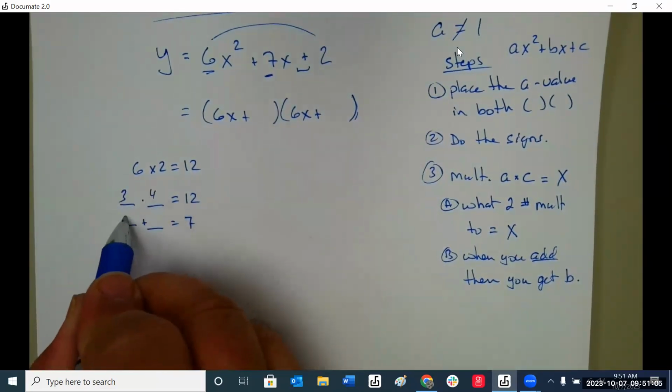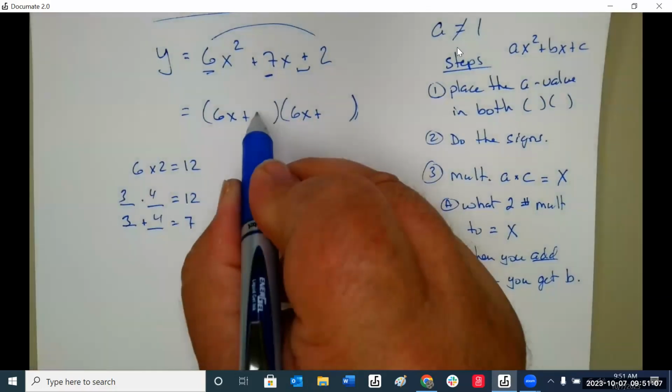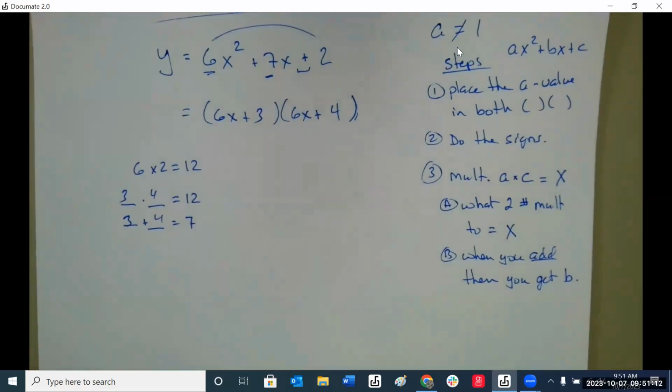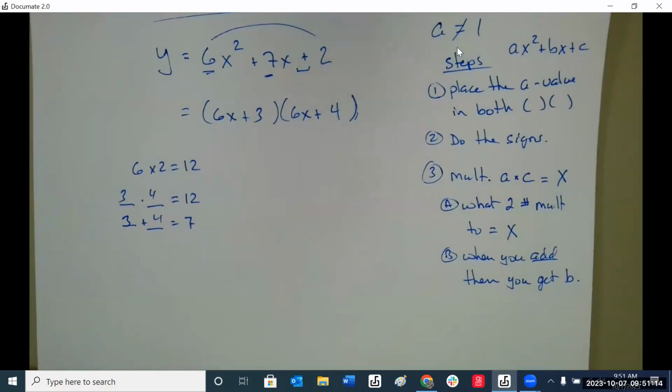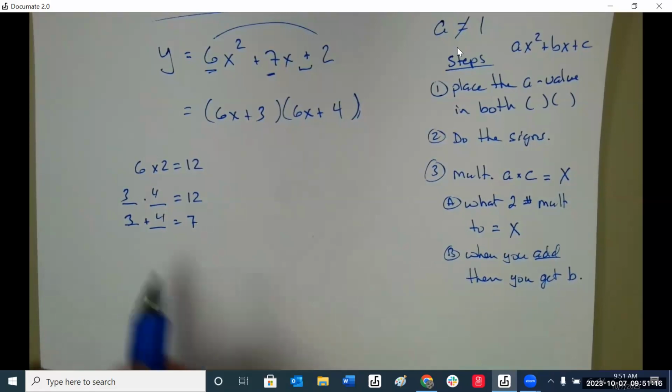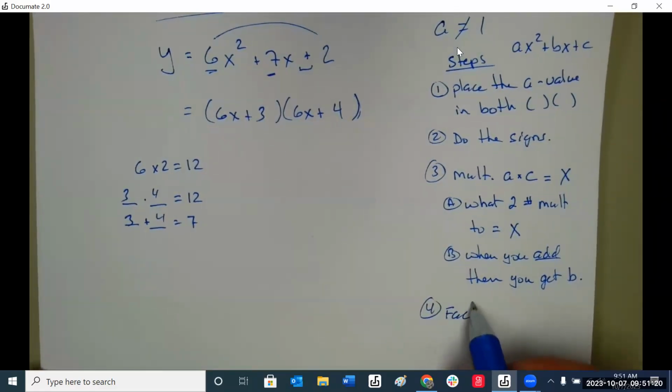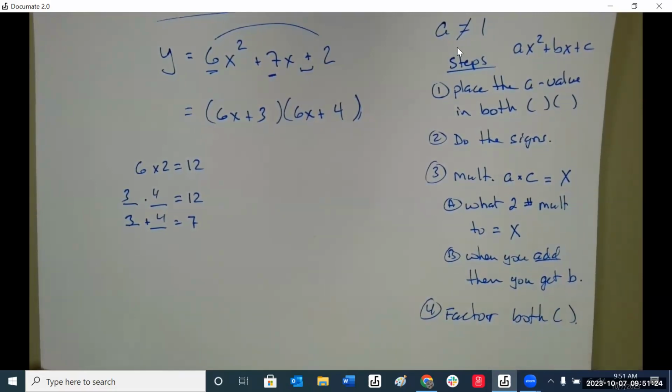Three times 4, 3, 4, right? Since they're both the same signs, it doesn't matter. Those values are going to start there. Now, factor both parentheses.